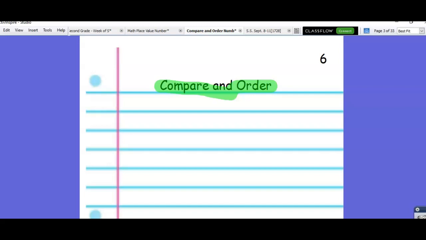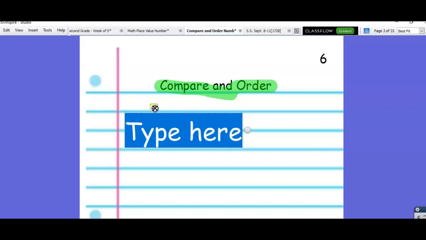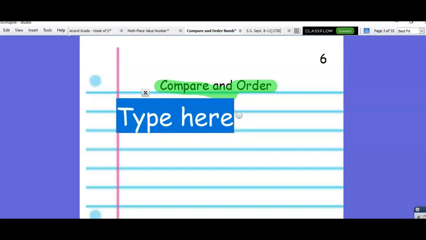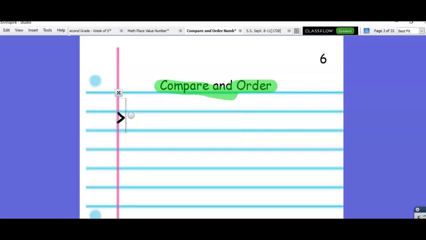Okay. So what I'm going to write here is I have a symbol. And I think you guys have known what this symbol is and you've seen the symbol before, but we are going to make sure. So I have this symbol here. This symbol is the greater than symbol.